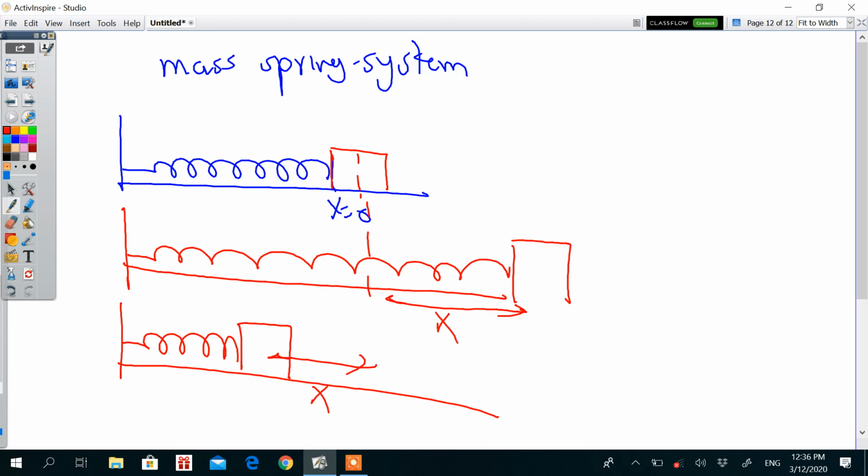Now, how to calculate the period of this motion? Simply, this is the formula: T equals 2 pi square root of M over K. As you see from the equation, T depends on two factors.